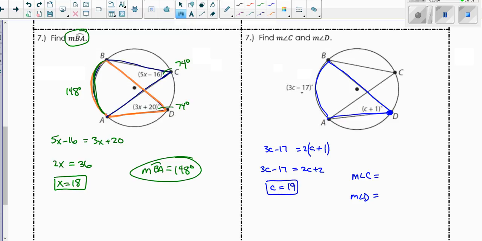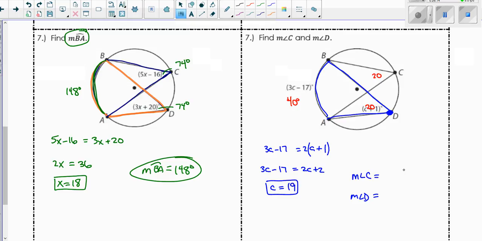So 3 times 19 minus 17. This angle is 40 degrees. So if this angle is 40, half of that makes this angle 20. And then half of this also makes this 20.